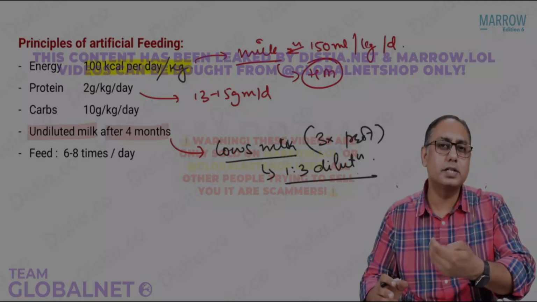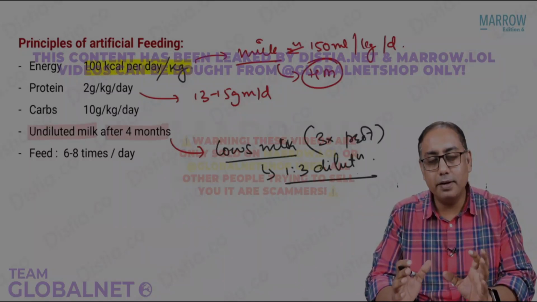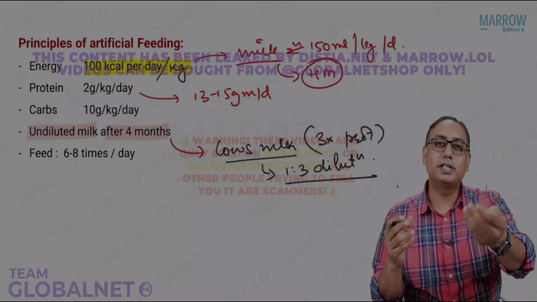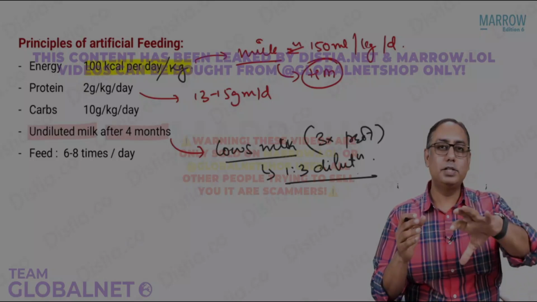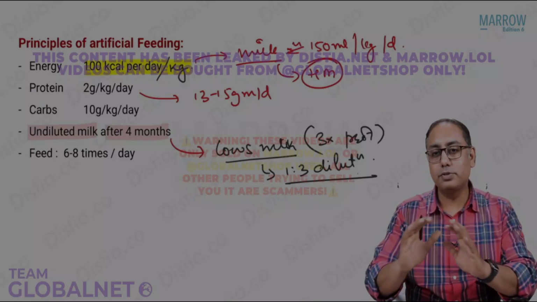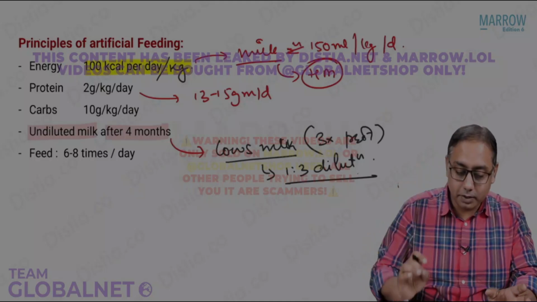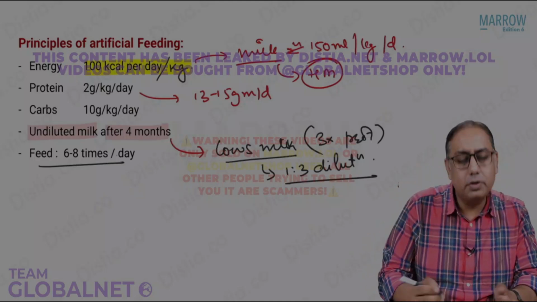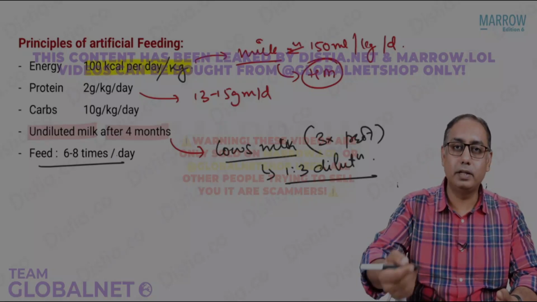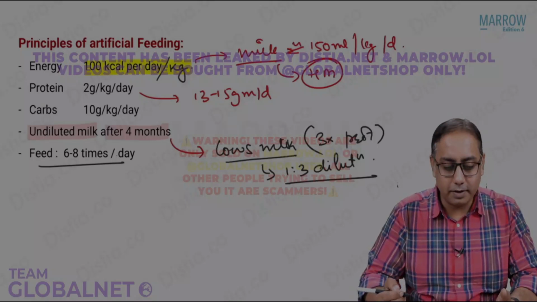We have discussed this in detail in our chapter on nutrition, but just to sensitize you, we don't want to overload the baby with excess protein. The energy still can be taken care of, but cow's milk should always be 1:3 dilution because we are taking care of the protein of the child. The feeding should, as always, be 6 to 8 times a day, or when the baby demands. That is the principles of artificial feed.